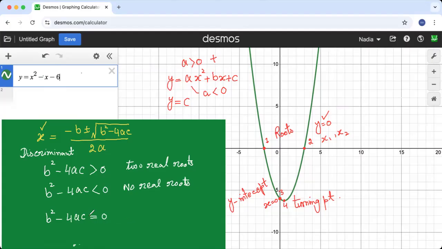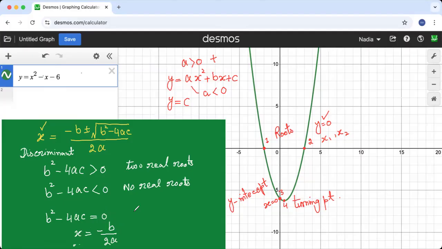So in this case, we will have x equal to negative b over 2a. And so this will be the only one root.